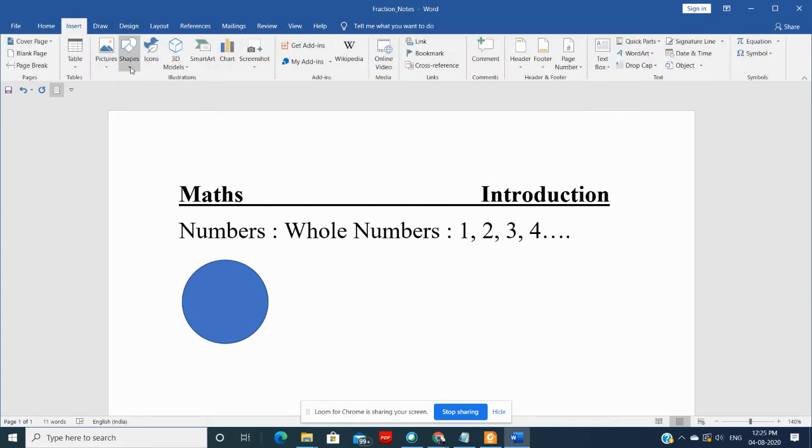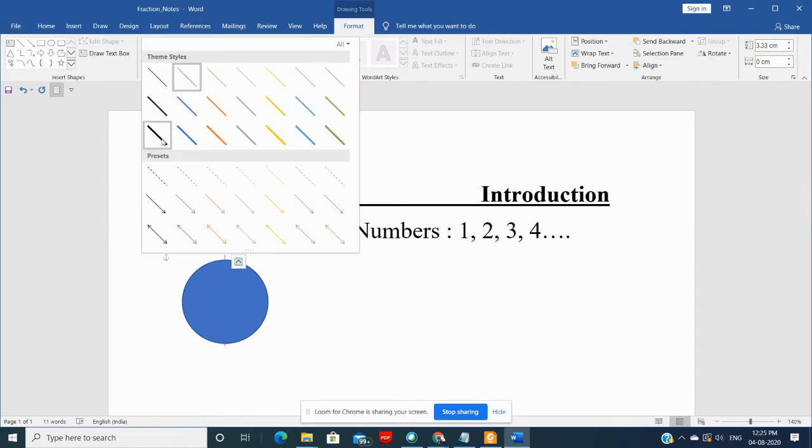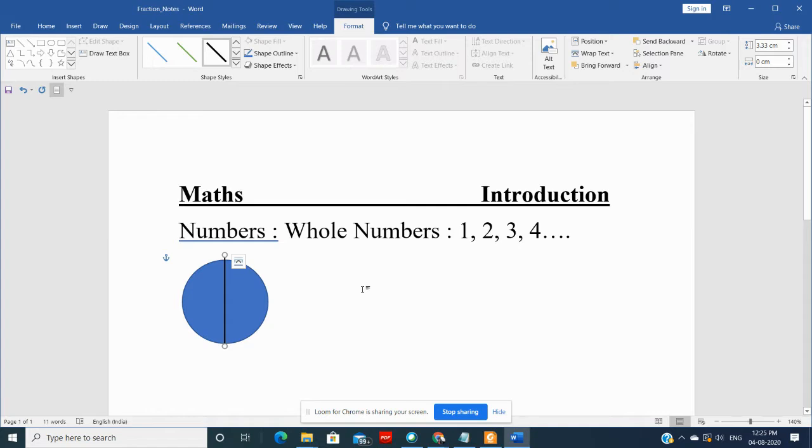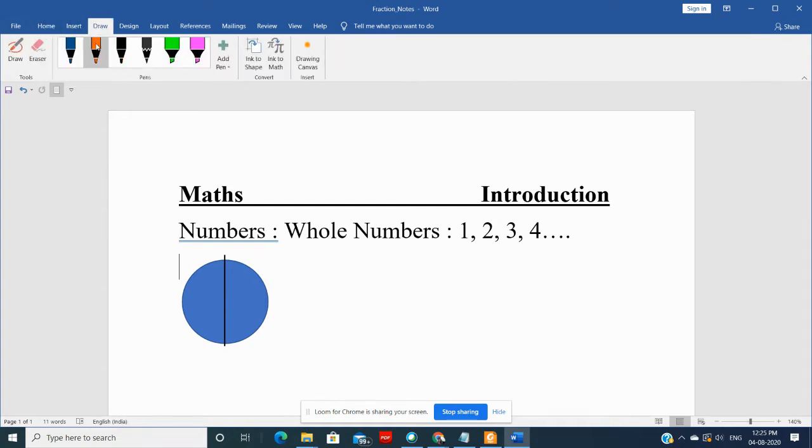For example, you might eat half part. Let's say this is your half part. Now, you just eat this much part.